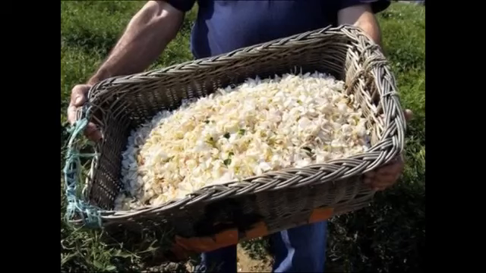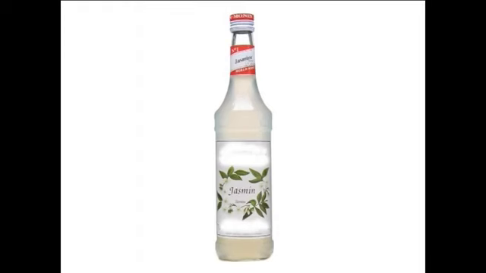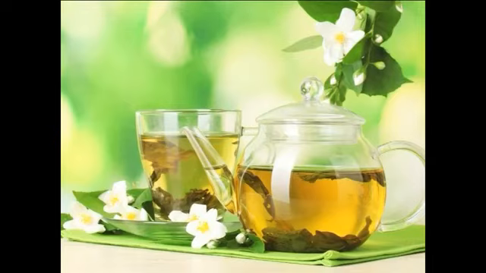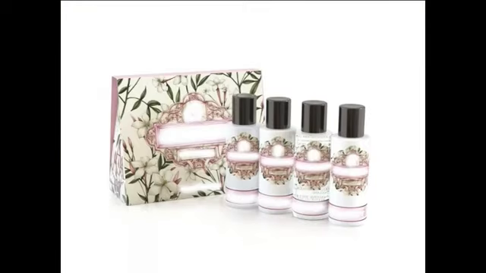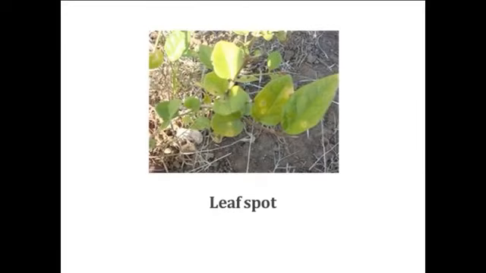It is grown for perfumery in France and added to alcoholic and non-alcoholic beverages, toiletries, moisturizing lotions and aromatherapy oils. Jasmine is also attacked by various diseases such as the fungal disease, leaf spot.